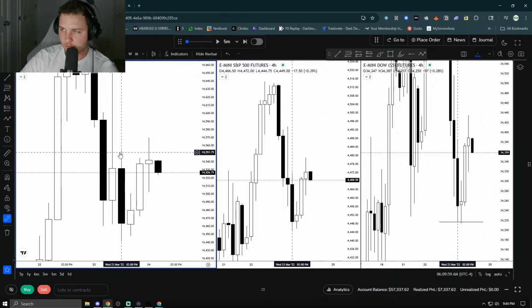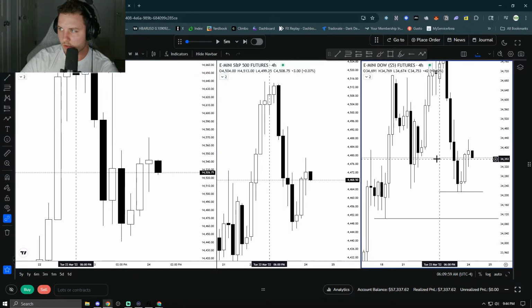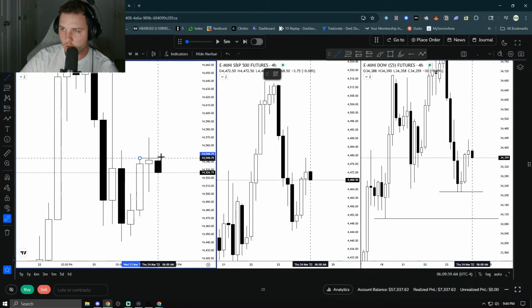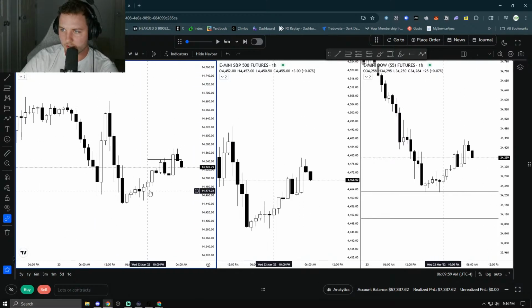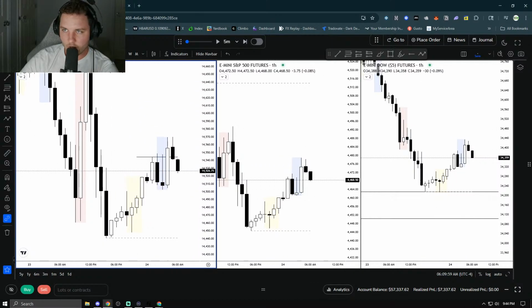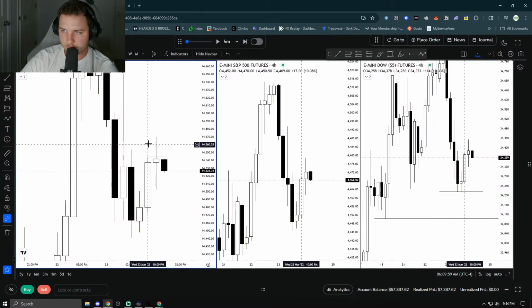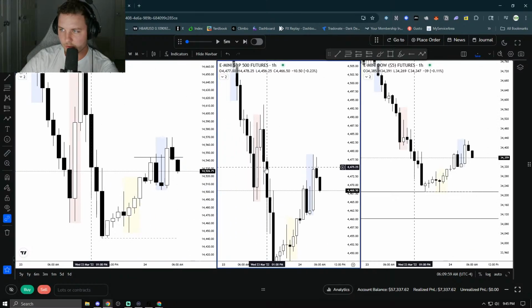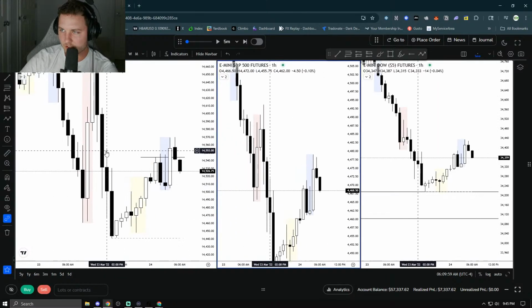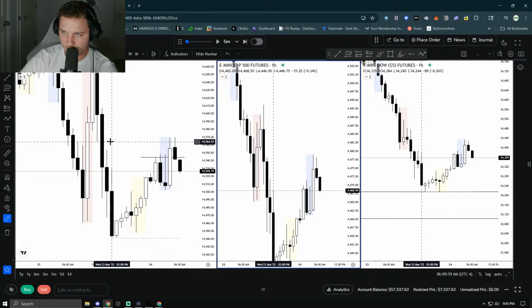All right, let's look at the 4 hour here. We do have a swing point. We are bearish, right? Expansion into a pullback. We have our swing point. Go to the hourly here. Swing point with an internal SMT.